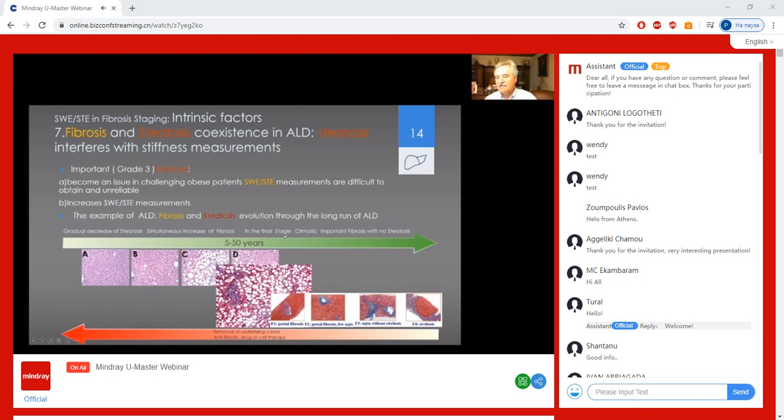At the final stage, cirrhosis, meaning important fibrosis with no steatosis. Now that we have the possibility to treat both fibrosis and steatosis, we can use shear wave elastography to run the same way, but in the opposite direction.